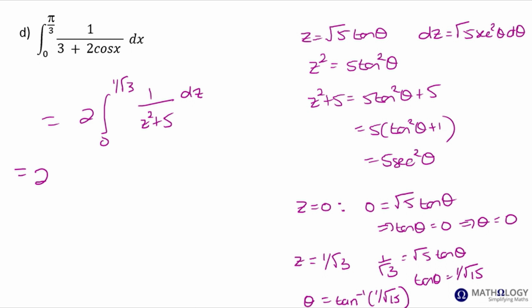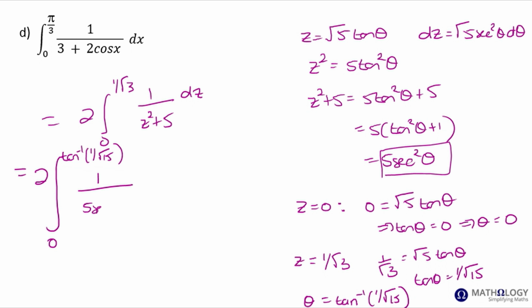So 2 times the integral from 0 to tan to the minus 1 of 1 over root 15, or arctan 1 over root 15, however you want to see that, of 1 over z squared plus 5 is 5 sec squared theta, and then dz is root 5 sec squared theta d theta.